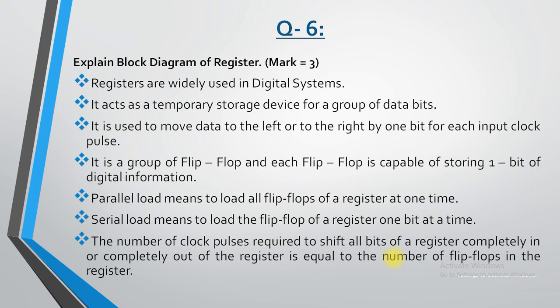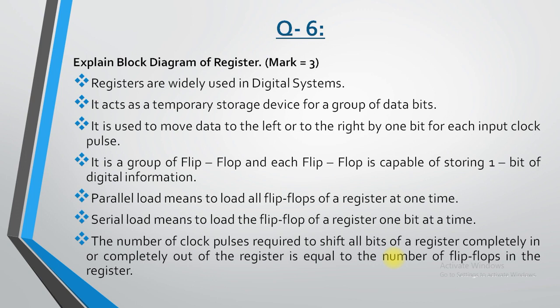I hope you have remembered that question properly regarding the types of flip-flop. How many types of flip-flop have we studied? There are 5 types of flip-flop: SR flip-flop, D flip-flop, JK flip-flop and T flip-flop.